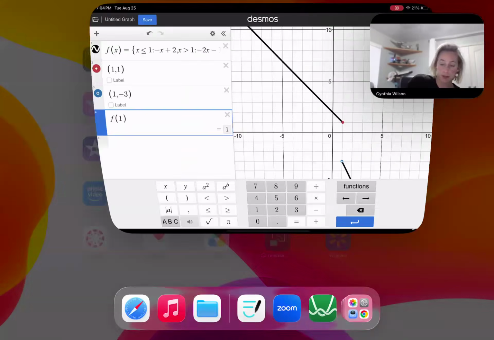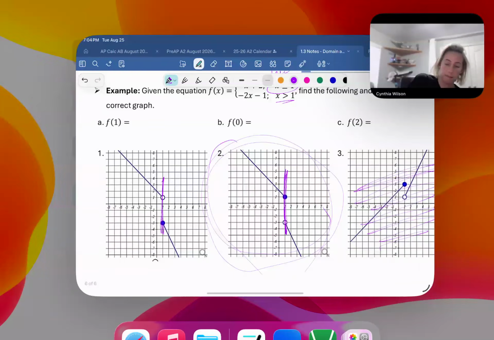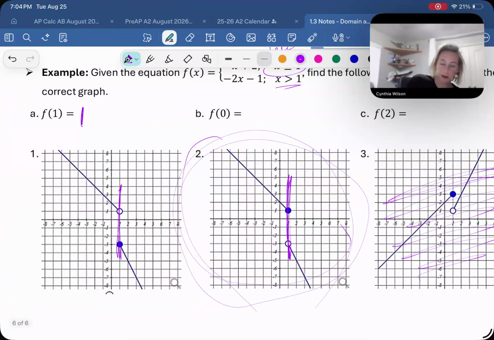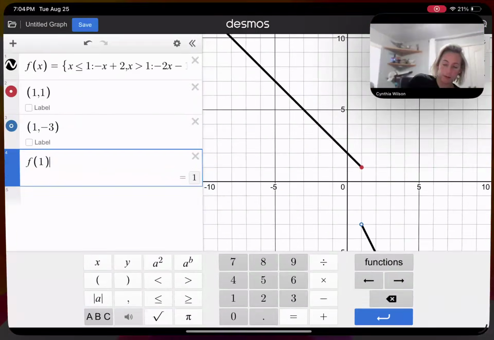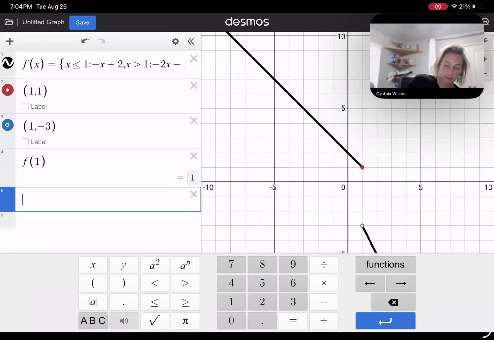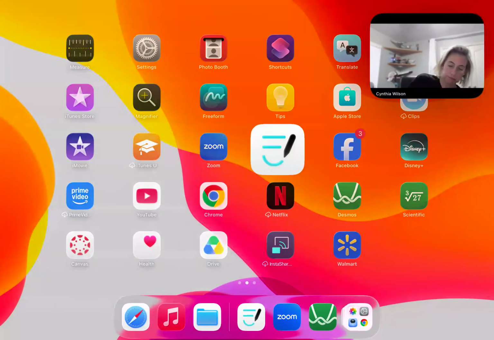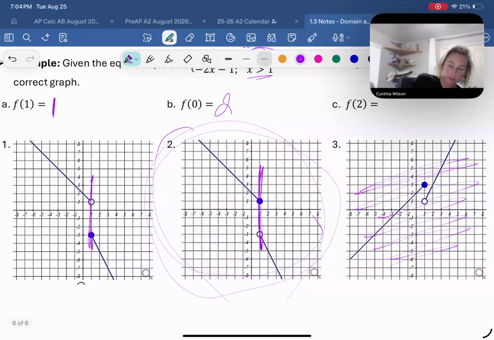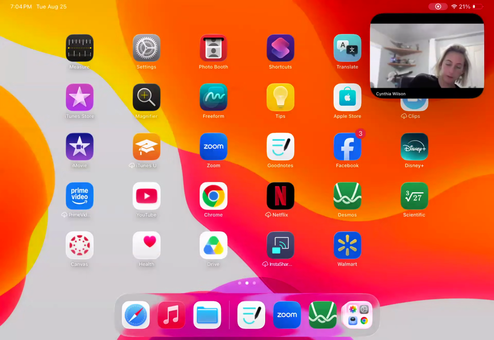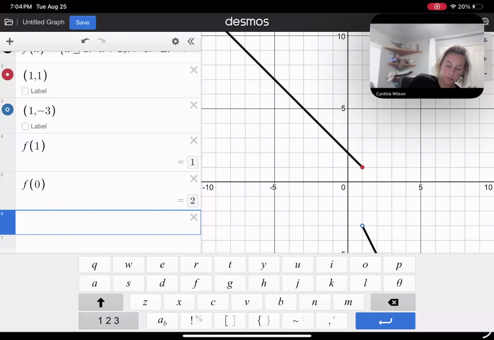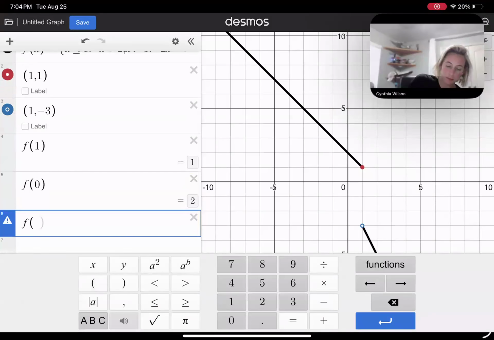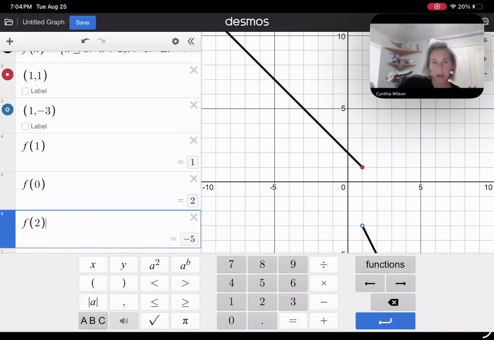Tells me +1. F of 0. That's 2. And F of 2. -5.